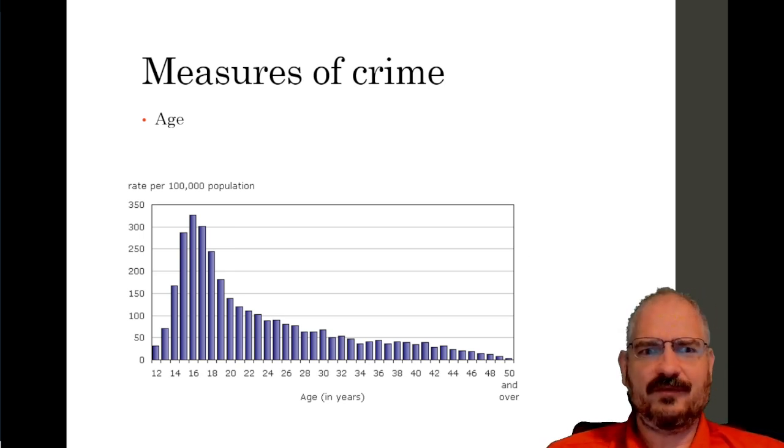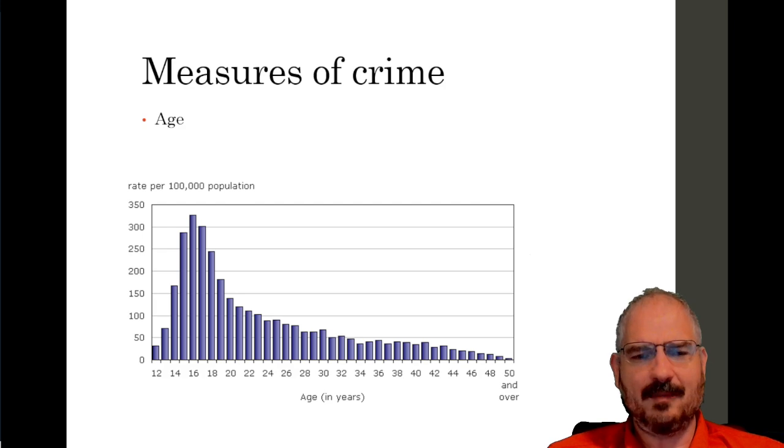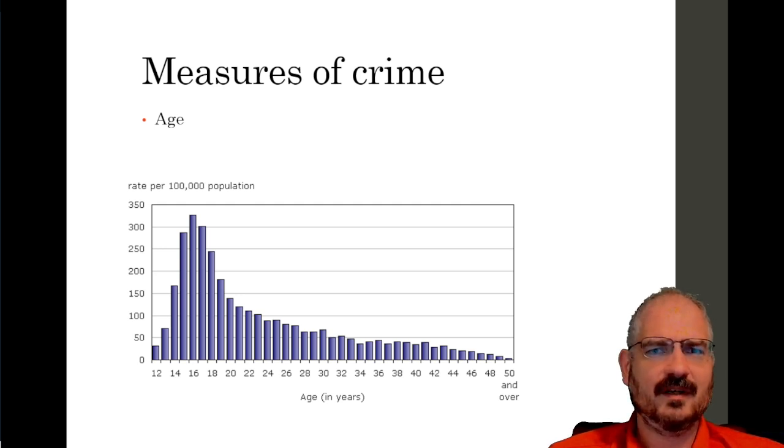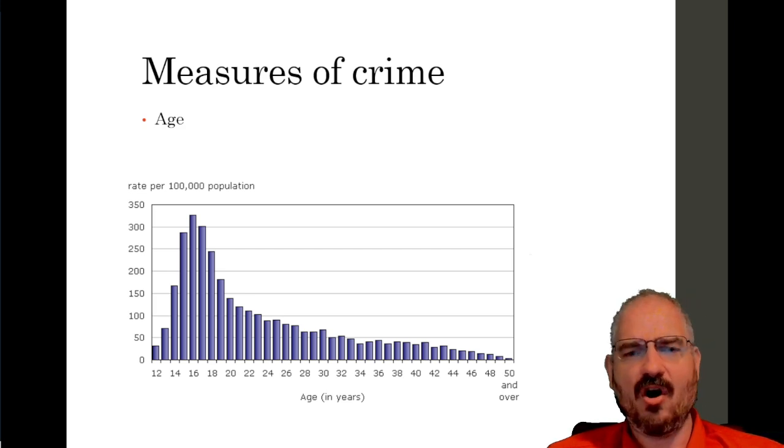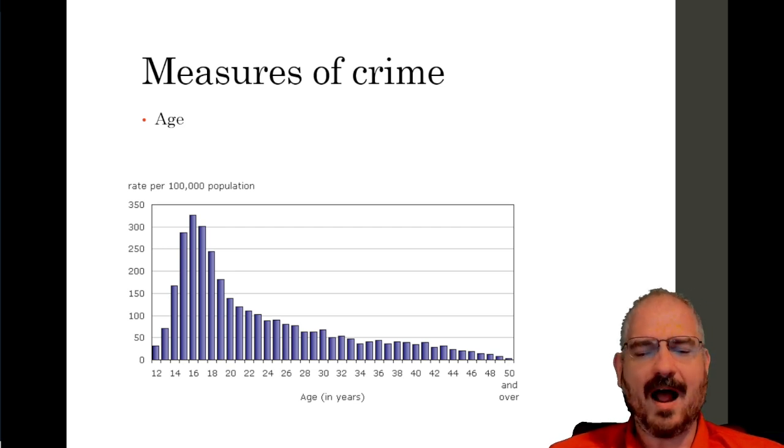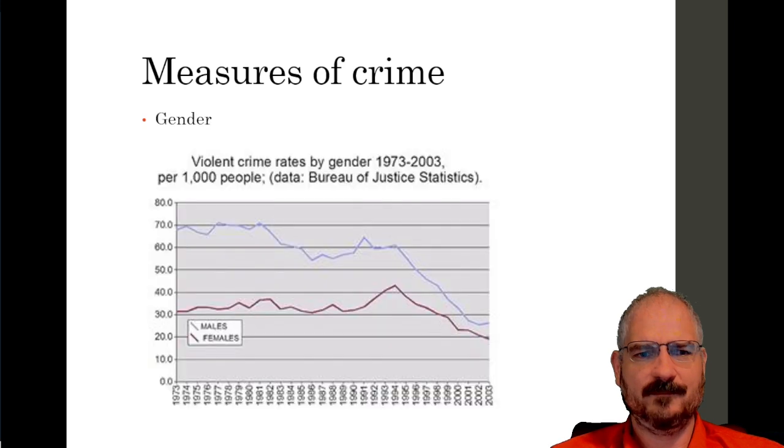So your explanation for crime should hopefully be able to account for why we see this giant spike in criminality in the late teen years, and then this drop in criminality as people get older and older and older.